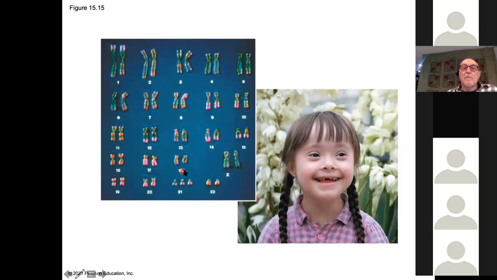And this is chromosome 21. You can see that there are 3 copies, 1, 2, 3, where everywhere else there's 2. Here are the sex chromosomes. This is a karyotype for this little girl here. She's XX, so she's female, but trisomy 21 here.